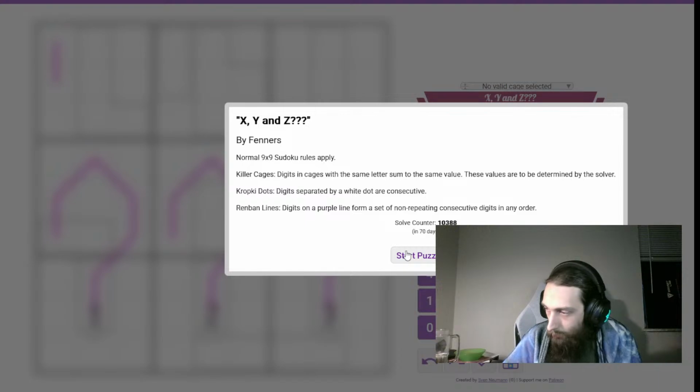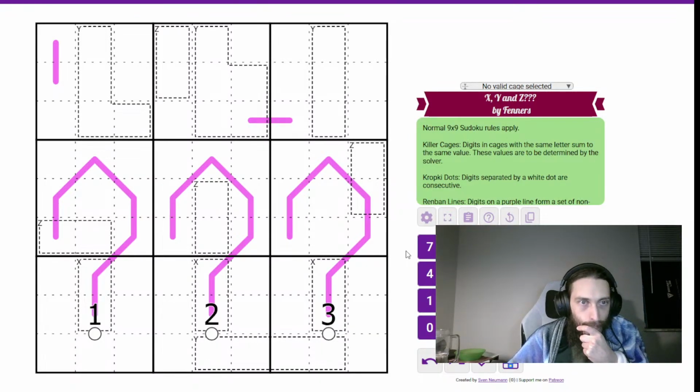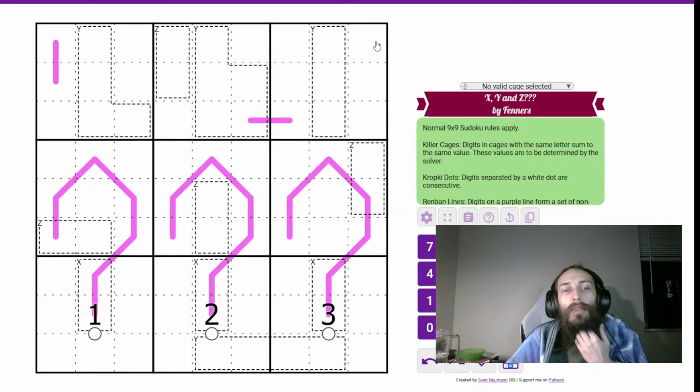Alright. Well, Y is a minimum of 15. But a maximum of 24.